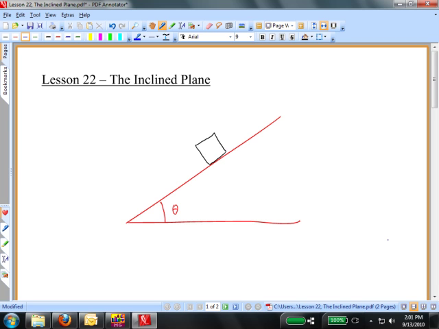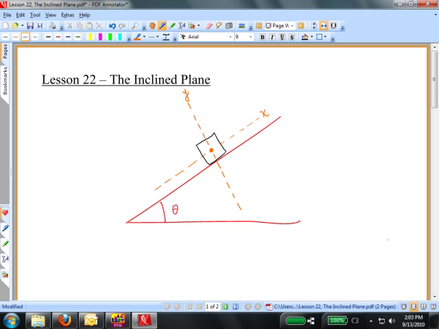One of the first things to do is to rotate a coordinate system so that we have one axis that's parallel to the incline and another axis that's perpendicular to the incline, like so. Now we've got to decide what to call these axes, and your textbook calls the part that's parallel to the incline X and the part that's perpendicular to the incline Y. I actually prefer the notation of parallel and perpendicular.